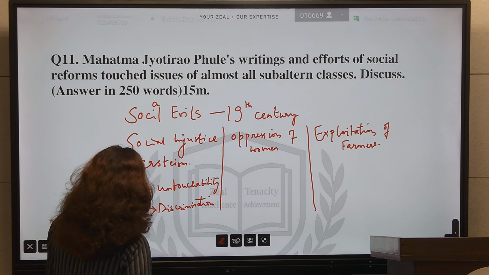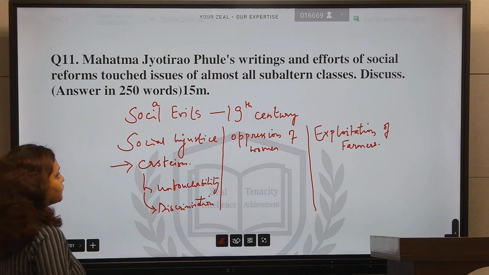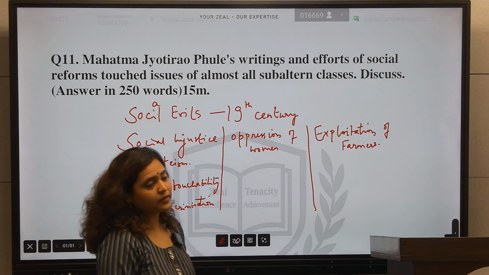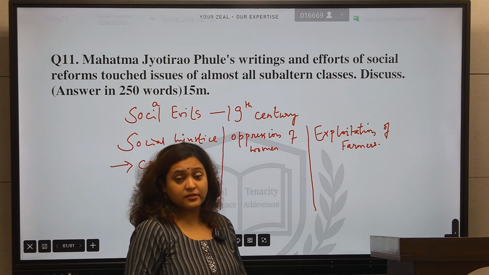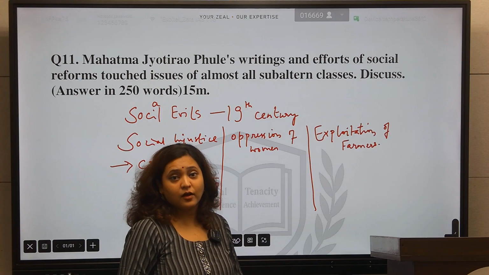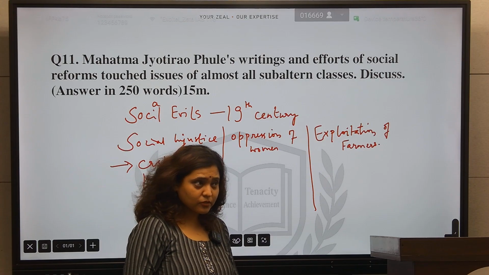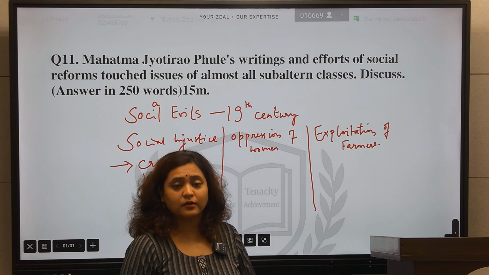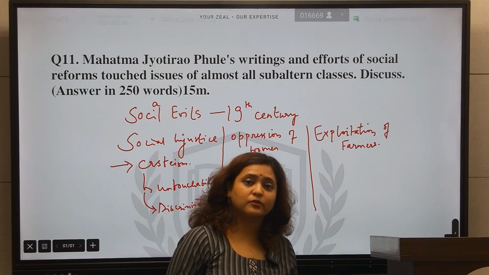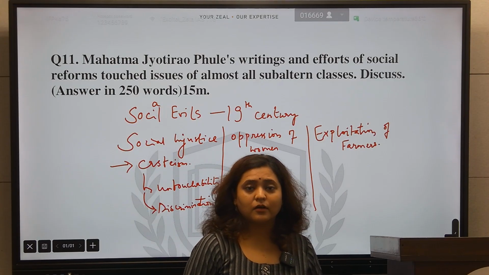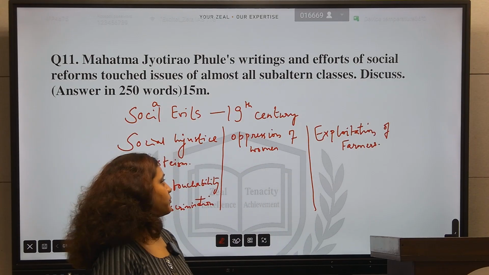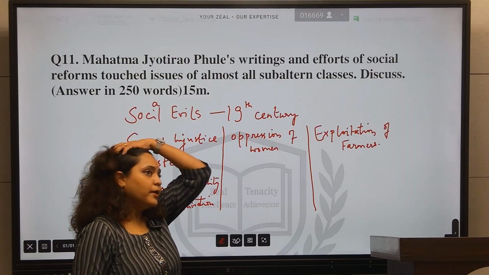And you know that Mahatma Jyotirao Phule was insulted by his Brahmin friends' parents, and this propelled him to take up the case of the people from the Dalit community and people from the backward class.